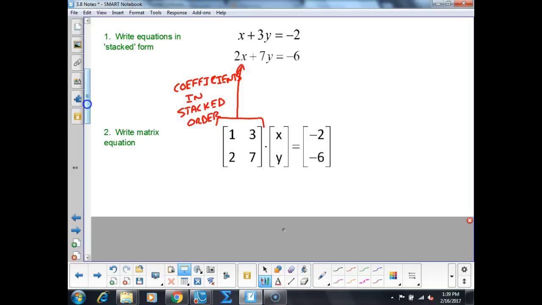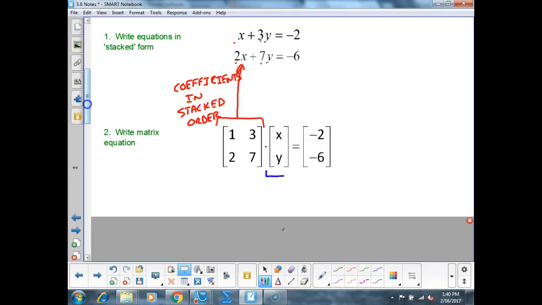Okay? It's the coefficients written in stacked order. 1, 3, 2, 7. Written out in stacked order.